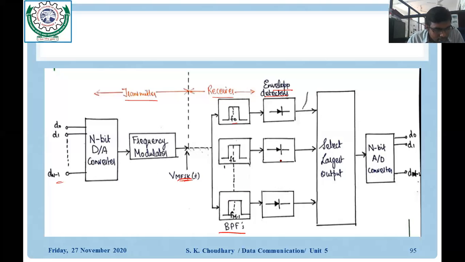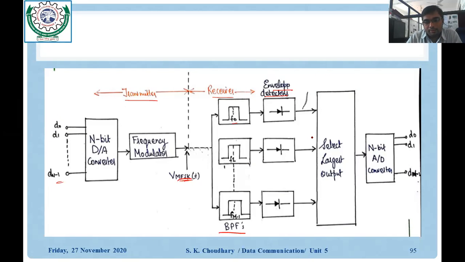The envelope detectors apply their outputs to a decision device, which determines which of the detector indications is the largest, meaning which envelope detector's output is largest.